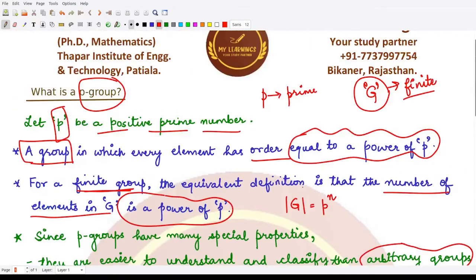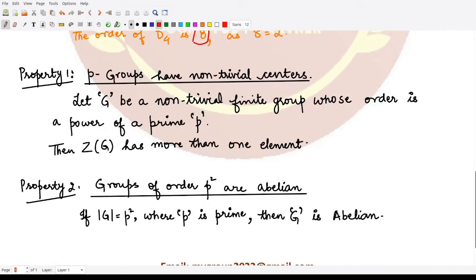Now next we shall be looking at some of the properties of these P groups. Let me tell you the properties in this video. The first property tells us about the center of a P group. Suppose we have a non-trivial finite group. What do we mean by non-trivial finite group?